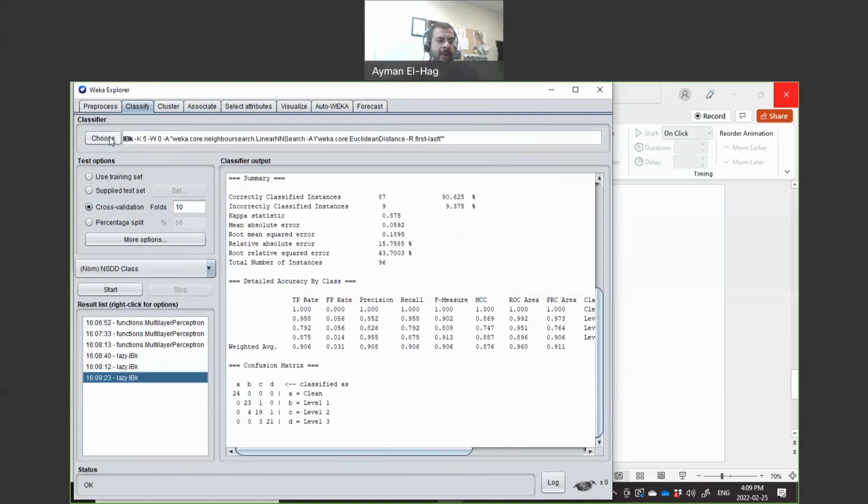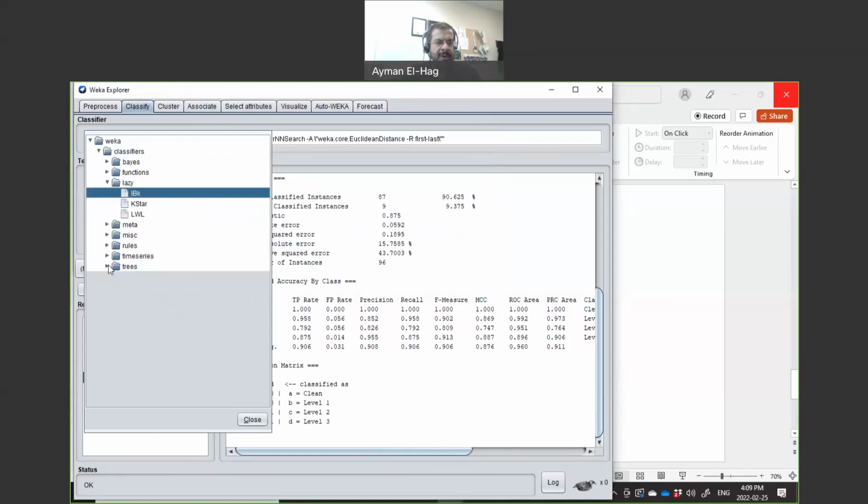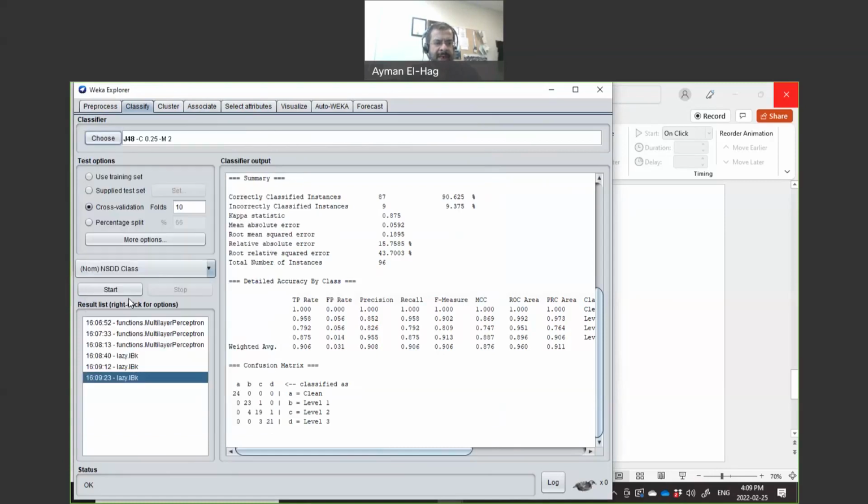Okay, if you choose another classifier from, let's say, trees, let's say the J48, start, we get 89.5%. So they are getting in the 90s, early 90s, 89%. That is the classification accuracy, which is pretty good for this small number of data sets.